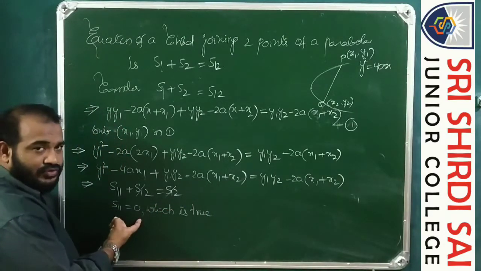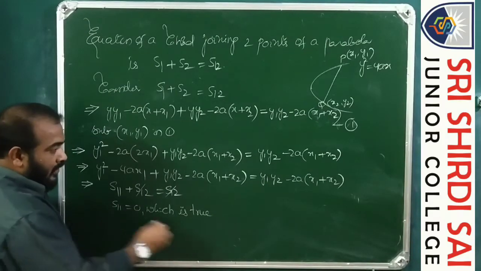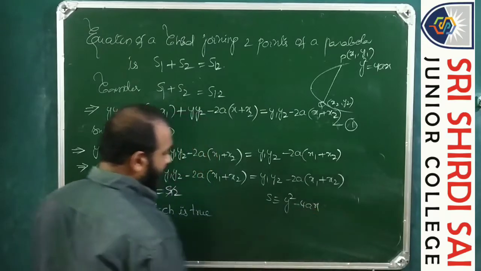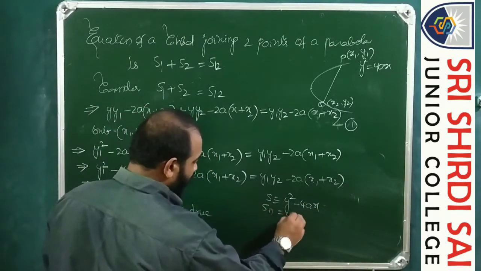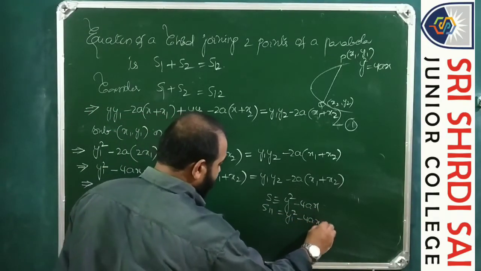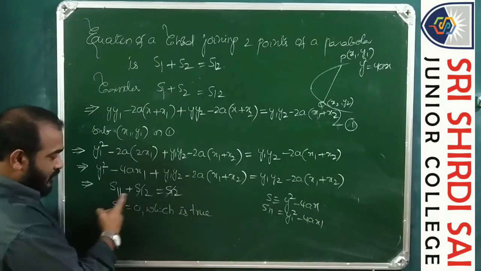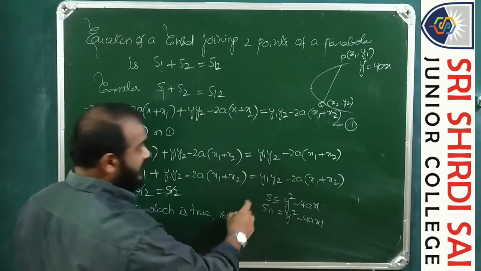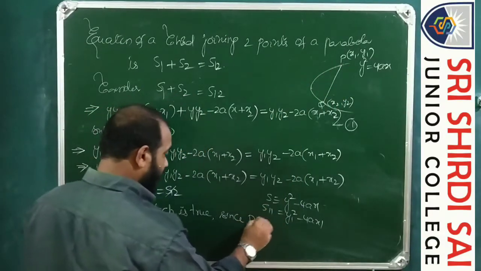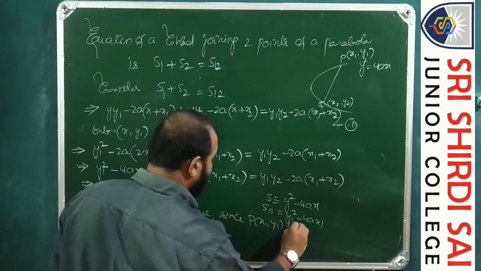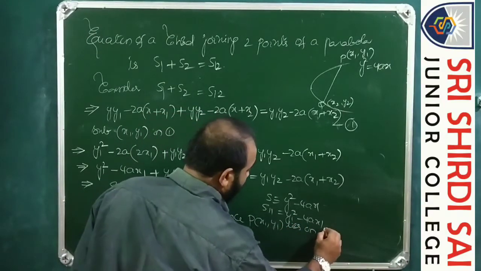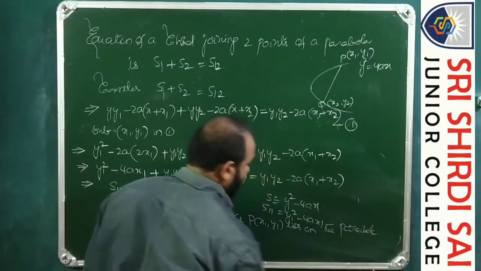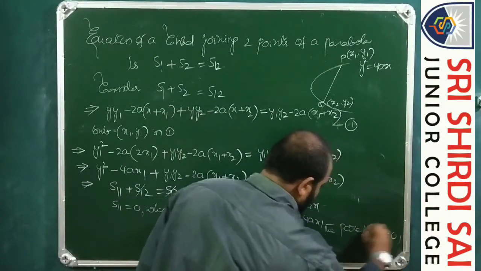That means S is y square minus 4ax, S11 is y1 square minus 4a x1, and this S11 equals 0, which is true since P (x1, y1) lies on the parabola, S equals 0.